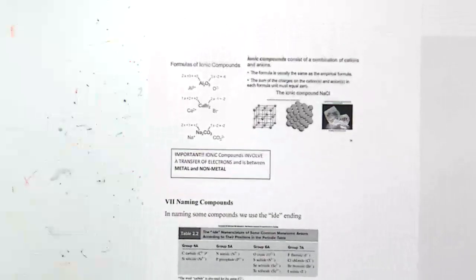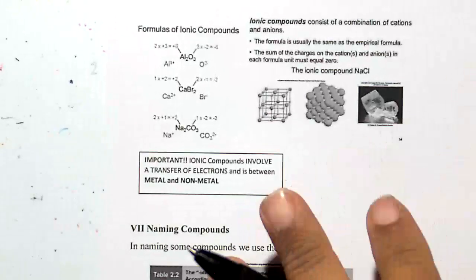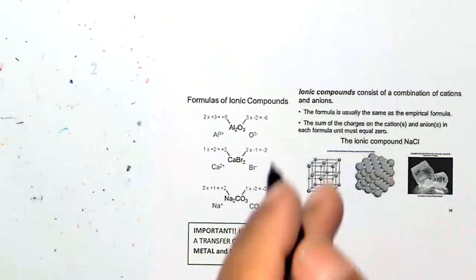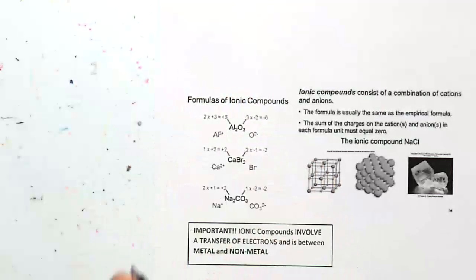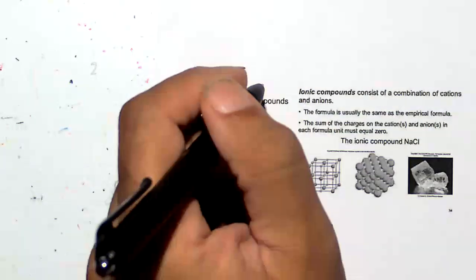Okay. So do you guys know this? Okay, how will we name Al2O3? What would the name be? Aluminum? Aluminum oxygen? Oxide, okay.